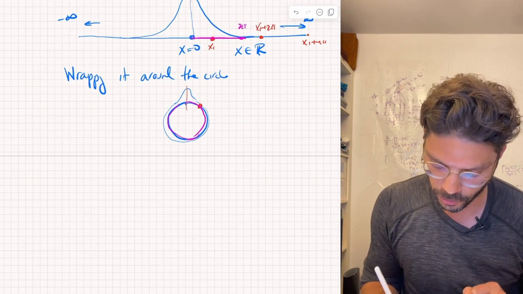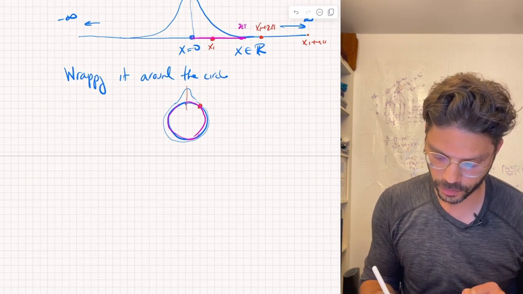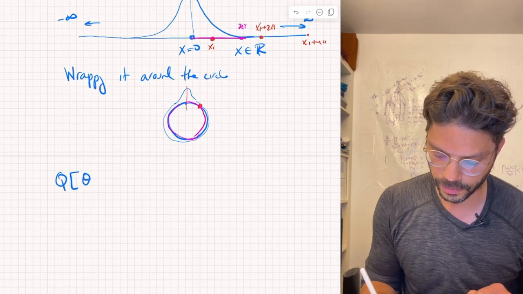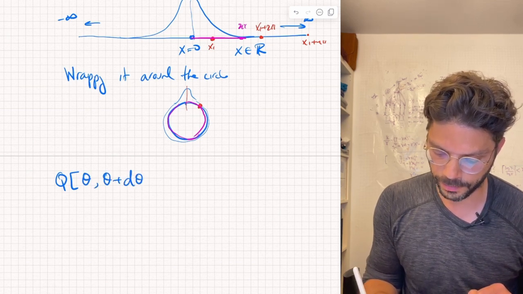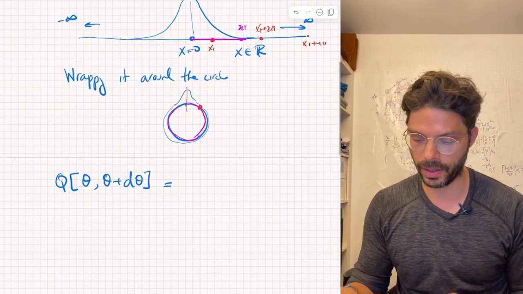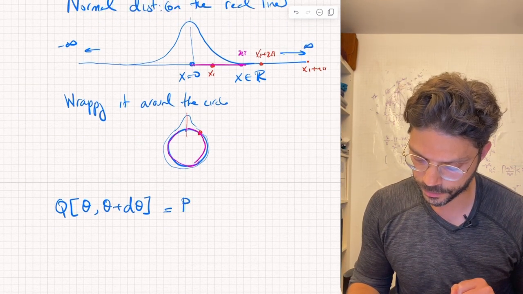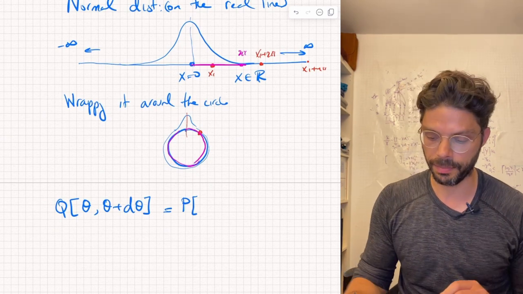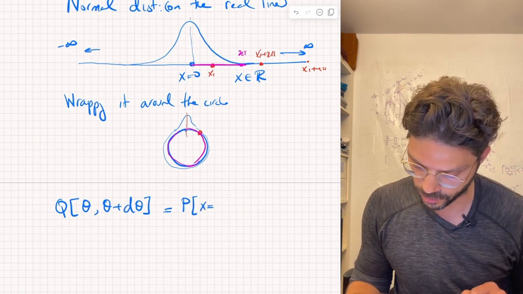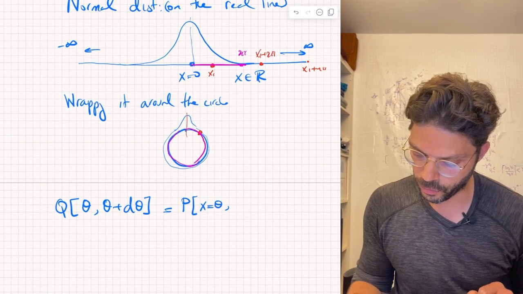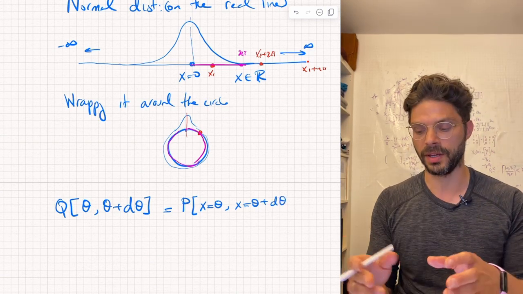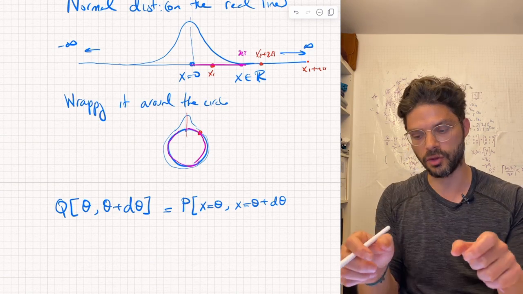So the probability of our data falling from theta to theta plus d theta, where theta is a number between 0 and 2 pi, is the same as the probability, and I'm using p for the normal distribution, of x equals theta to x equals theta plus d theta. We're going to assume that things are scaled so that d theta measures the same length as dx.